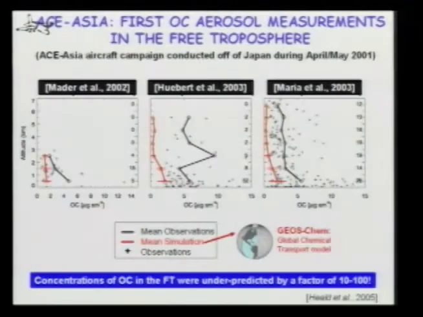Now, there were a recent series of studies that took place from Asia, which were really the first set of measurements that attempted to look at what organic carbon looked like at altitude in the free troposphere, and they measured as high as 6 kilometers. And I show you here a set of 3 profiles.